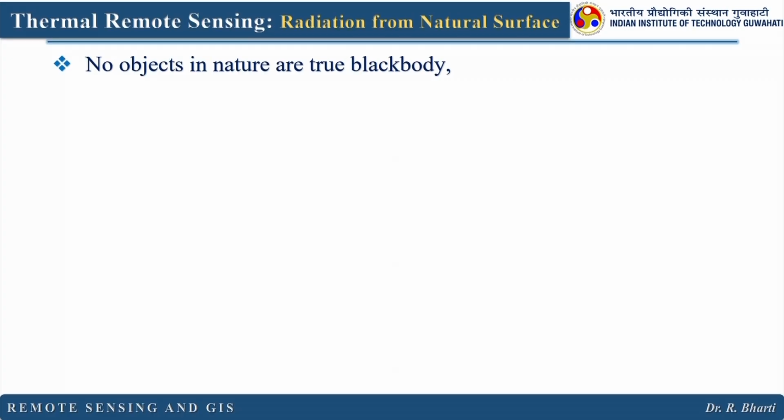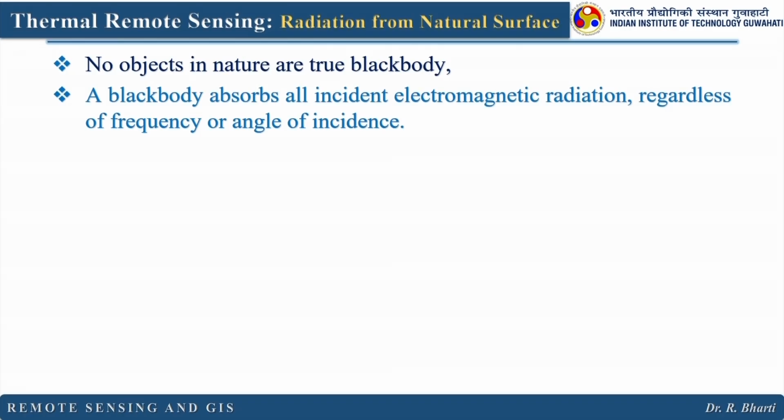Now let us see radiation from natural surfaces. What exactly are we doing here? No objects in nature are true black bodies, so everything is a gray body, right. A black body absorbs all incident electromagnetic radiation regardless of frequency or angle of incidence.